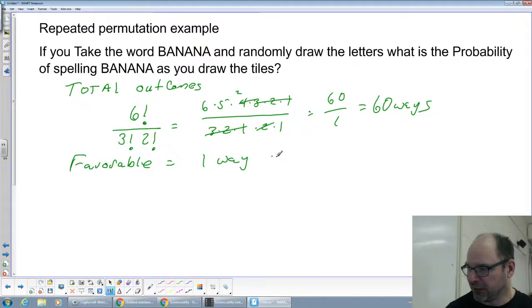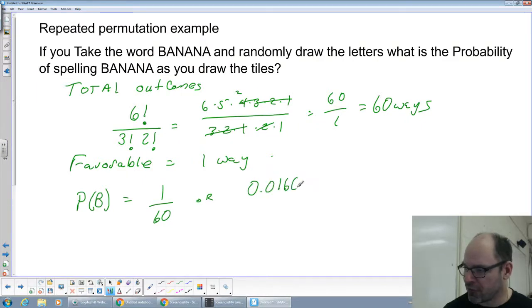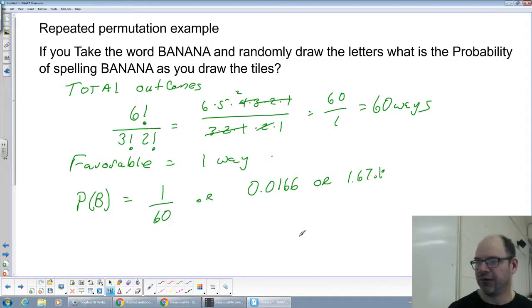So your probability of spelling the word banana is 1 over 60, or if we do the decimal, 0.0166, or 1.67%. Okay, so that would be an example of repeated permutation type work.